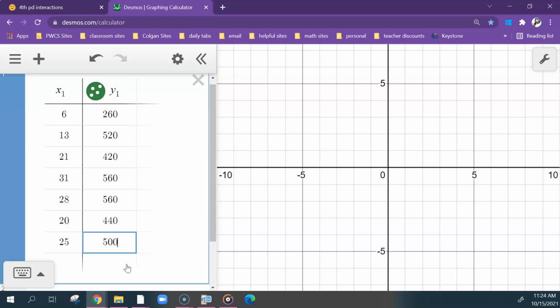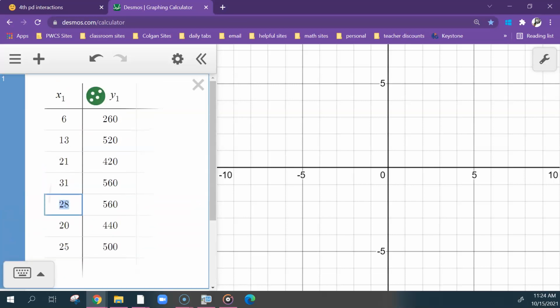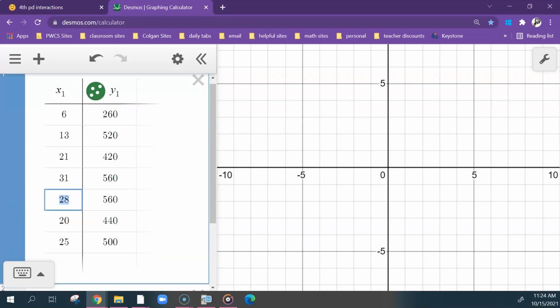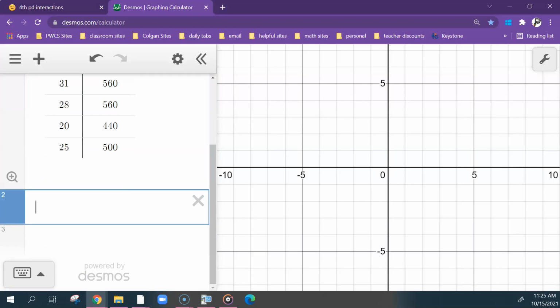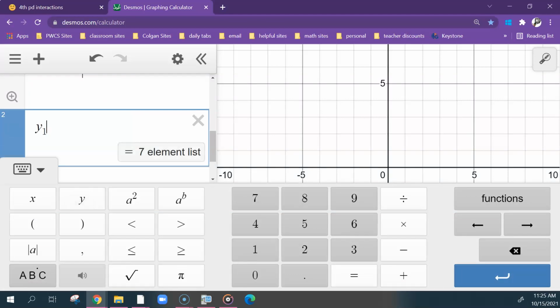Once you have all of those in your Desmos table, underneath your table, you're going to add in something that's going to kind of look like your equation for a line. It's going to represent the y equals mx plus b, but it's going to look a little different. Instead of y equals the m and the x, we're going to use x1 and y1. So it would be y1, and I just typed y and then hit 1, and it made it a subscript.